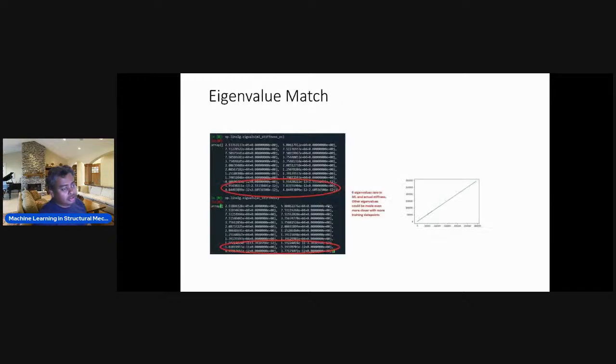And then the third aspect is six of the eigenvalues going to zero, and for the non-zero eigenvalue part of the problem, the eigenvalues being very close to one another.